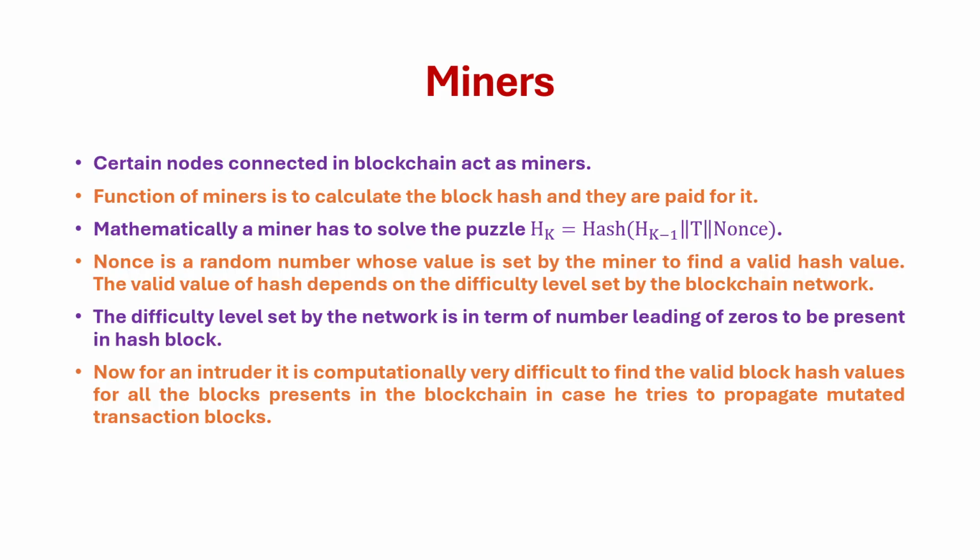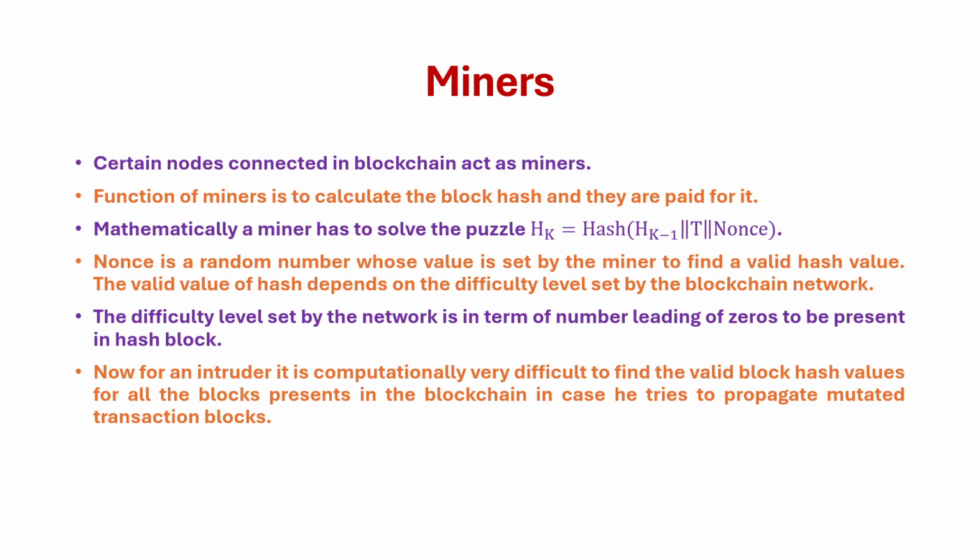That function results in a 256-bit hash value, and they keep on changing the nonce value such that the leading bits out of those 256 bits are 0, and the number of zeros in the leading bits depends on the challenge imposed by the blockchain platform. That's why, as written in the fourth point, the nonce is the random number. It depends on the difficulty level set by the blockchain platform.